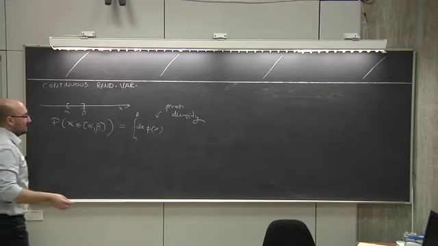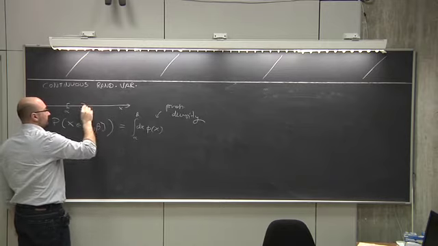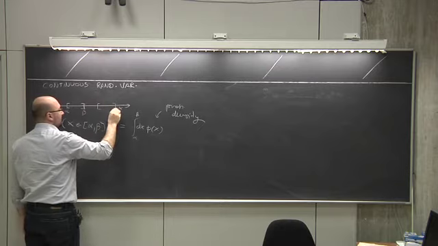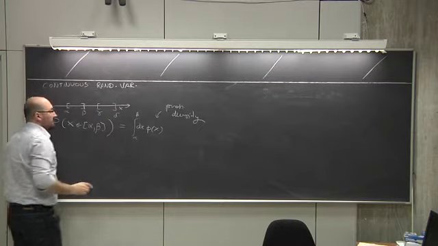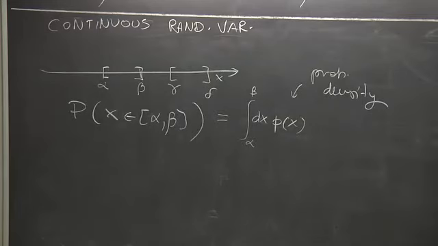Not only that, but if the intervals are disjoint, the events are mutually exclusive. The probability of having both things is clearly 0.